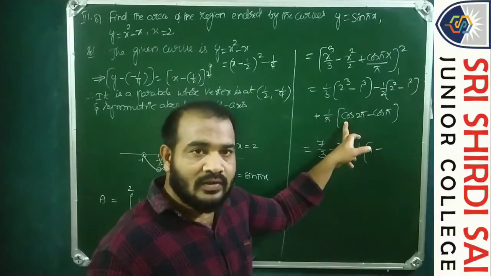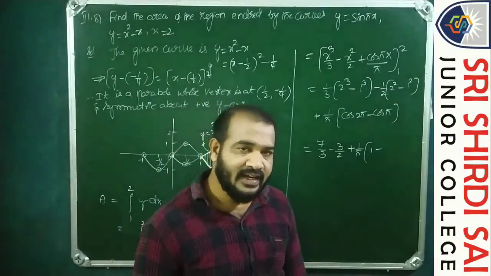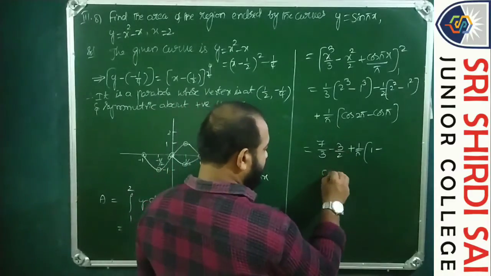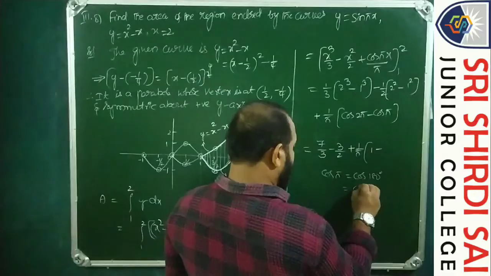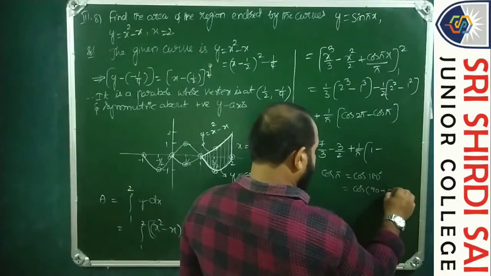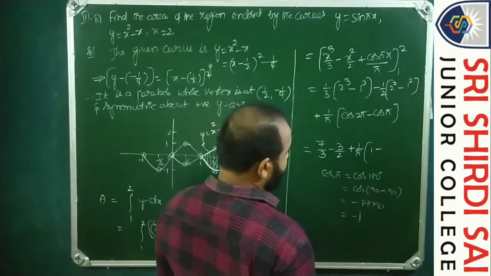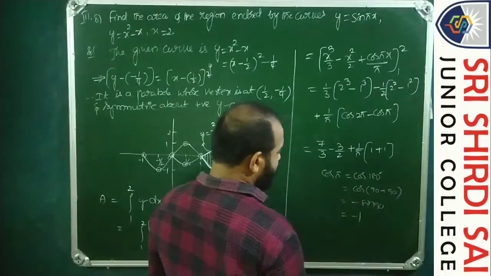Cos π is cos 180, which is cos(90 + 90), that is minus sin 90, so minus 1. So cos π value is minus 1. Minus of minus is plus 1.